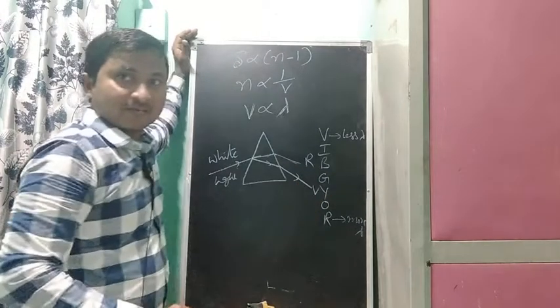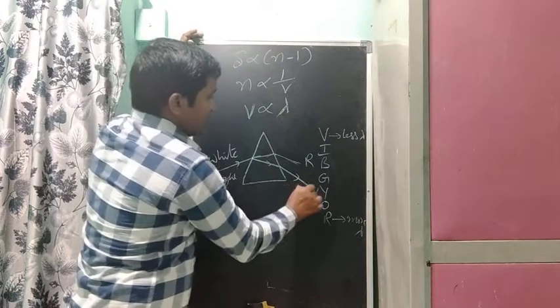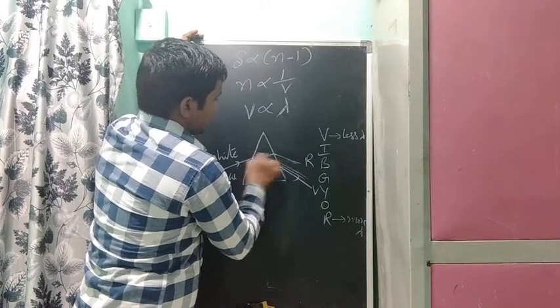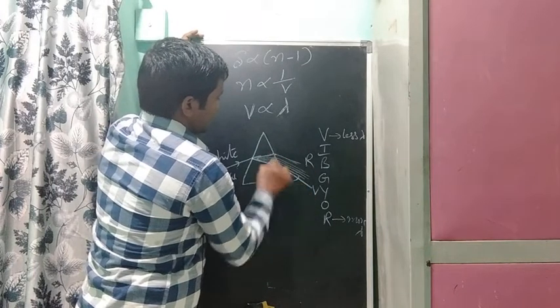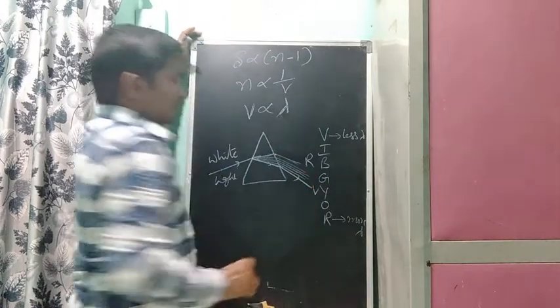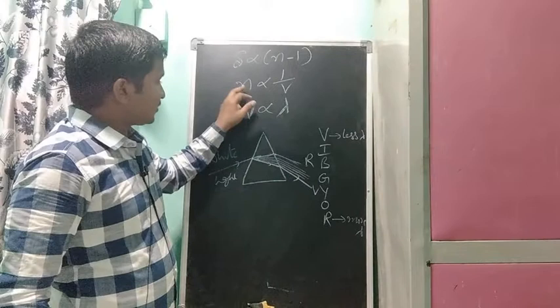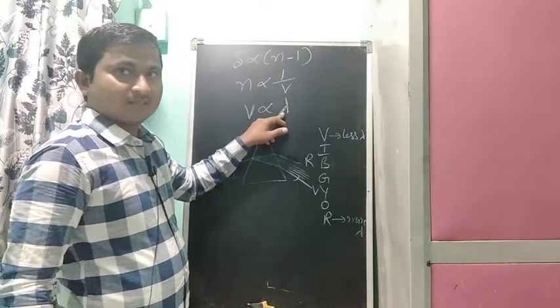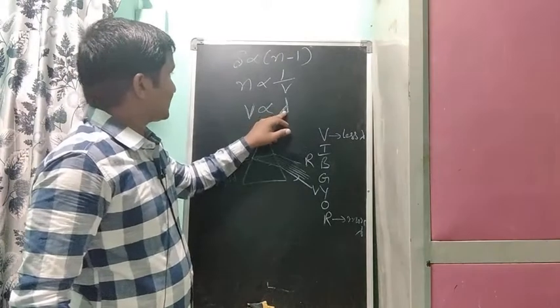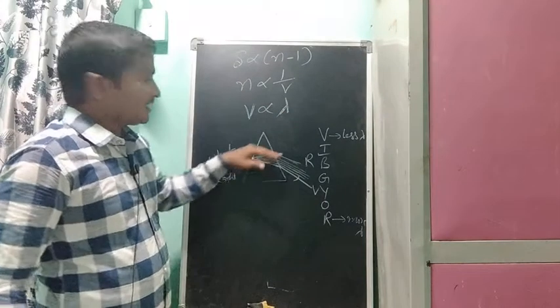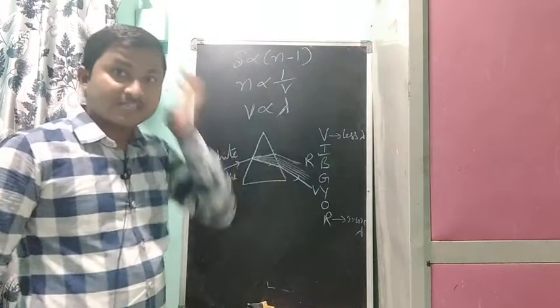And in between violet and red color, the remaining colors emerge. Like this, due to the variation of refractive index with wavelength, we are getting the dispersion of light.